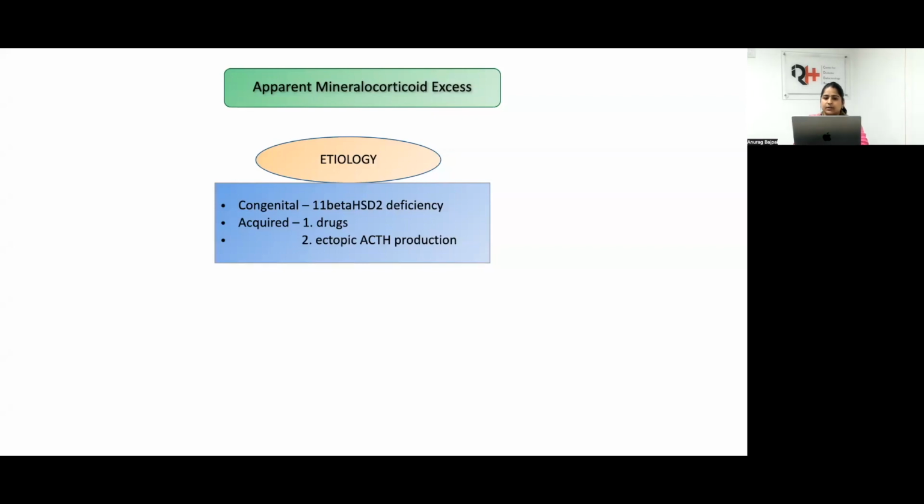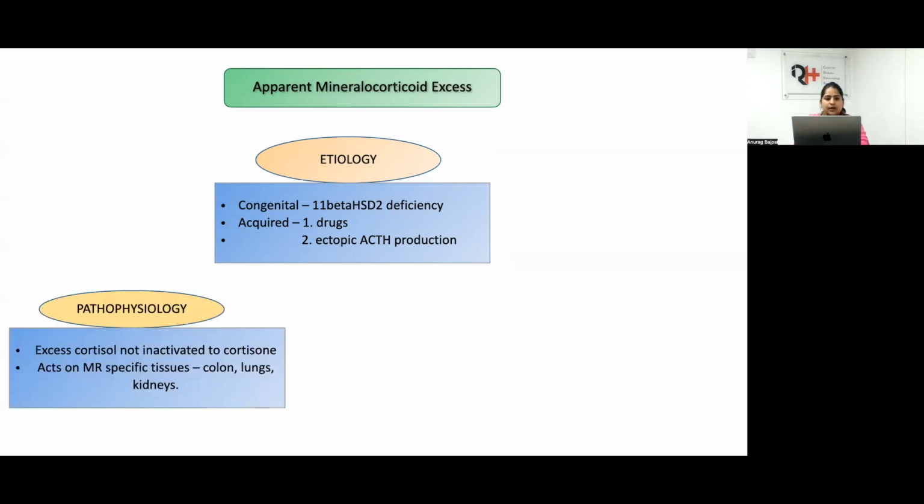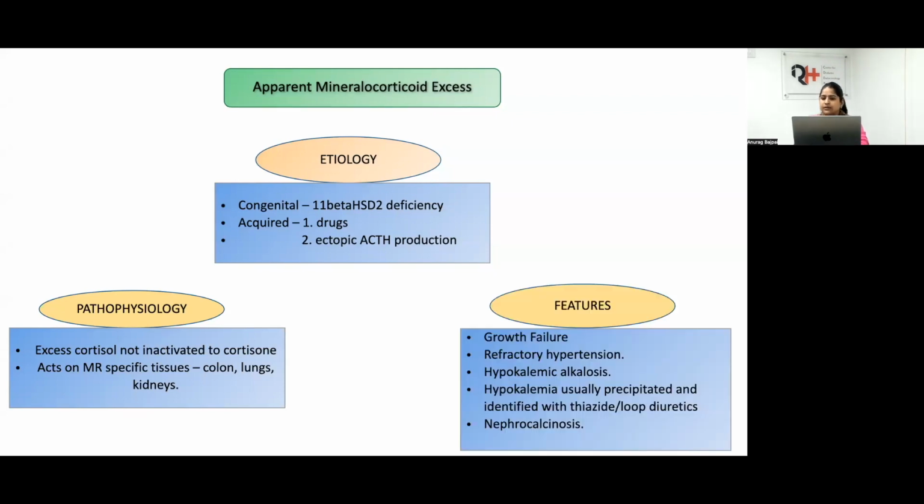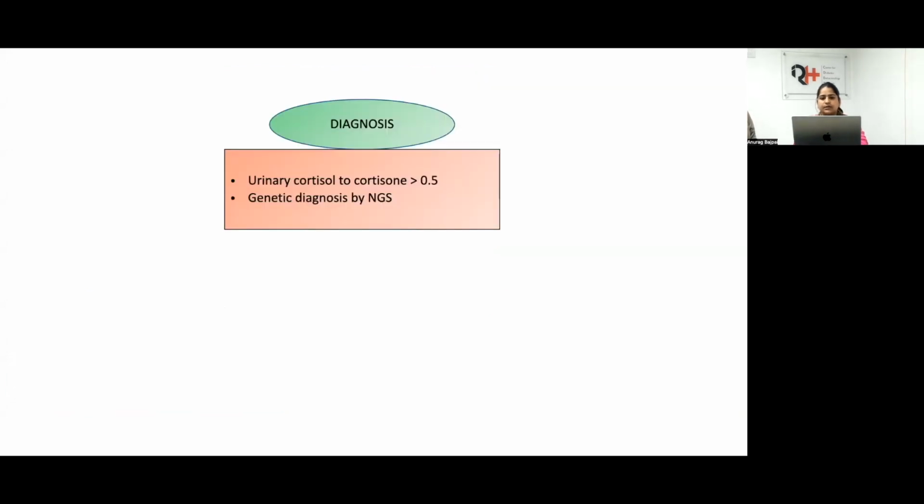It is definitely 11 beta HSD2 deficiency, or in the acquired form, it is caused by intake of licorice, or it could be due to ectopic ACTH production where there is a high level of cortisol. And in this, the excess cortisol is not inactivated to cortisone. And in the clinical features, you will get growth failure, refractory hypertension, hypokalemic alkalosis, and the hypokalemia is precipitated by loop diuretics.